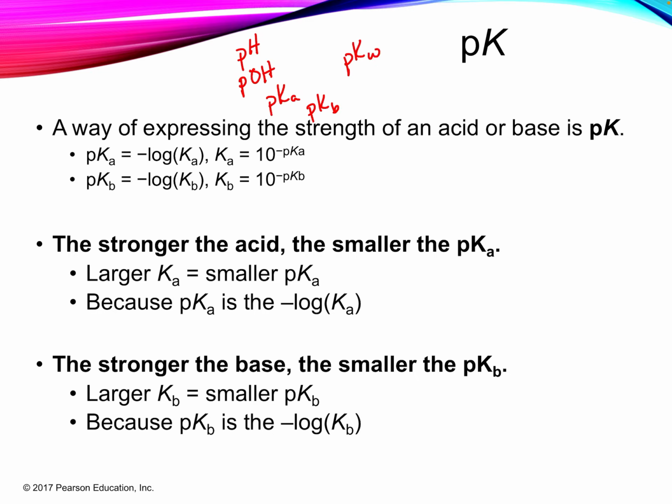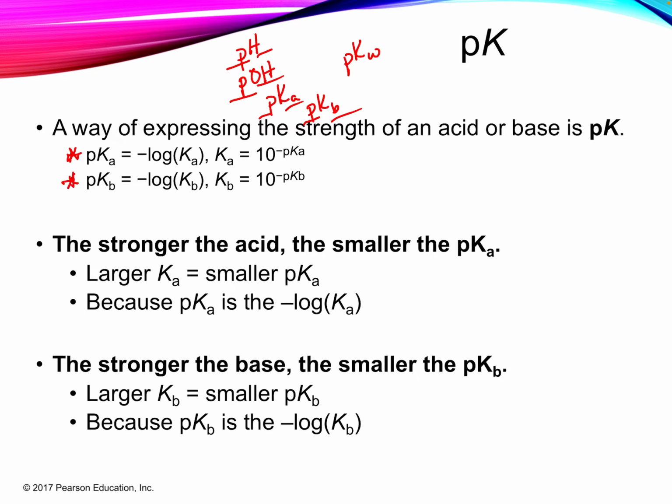Those are the ones I can think of right now. Anytime you see the P, think of the P as meaning take the negative log. So pH literally means take the negative log of the hydrogen ion concentration. Take the negative log of the hydroxide concentration. Take the negative log of the Ka. Take the negative log of the Kb, right? Over and over and over. So see, like pKa, take the negative log of the Ka.